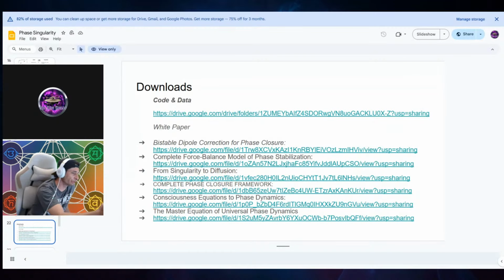The force balancing focuses on the stabilization when I discovered those. The singularity is the first paper. The consciousness equation is just to show you how important the observer effect is. And the master equation of the universe of phase dynamics is literally getting all the mathematics from every part of the framework and combining it into one equation.